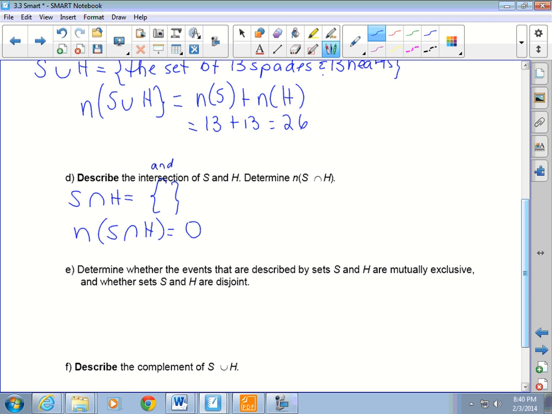So it says describe or determine whether the events that are described by sets S and H are mutually exclusive and whether sets S and H are disjoint.